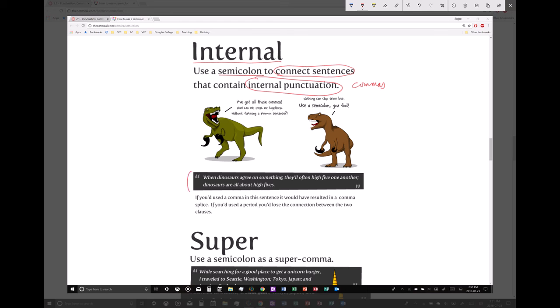I'll read this part. When dinosaurs agree on something, they often high-five one another; dinosaurs are all about high fives. Now, there are three parts of this. There are three clauses. Two of them are independent and one of them is dependent. See if you can figure out which clause is dependent. If you're thinking the first clause, when dinosaurs agree on something, that's correct.